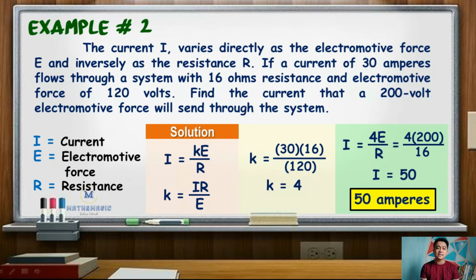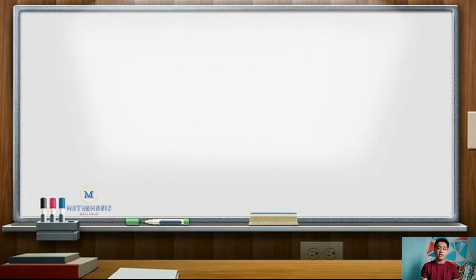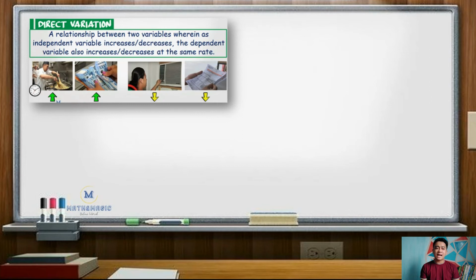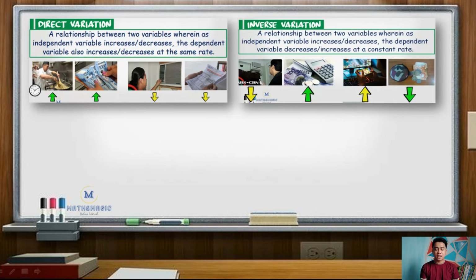Now to summarize, there are 4 types of variation. First is the direct variation. Here, as the independent variable increases, the dependent variable also increases. Second, inverse variation. Here, when the independent variable increases, the dependent variable decreases.